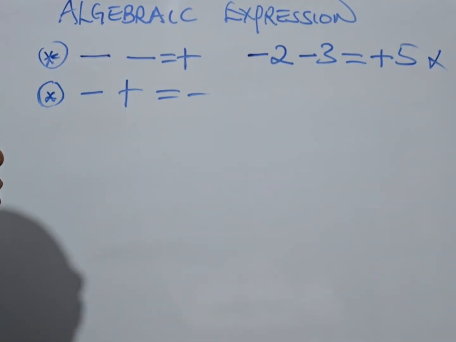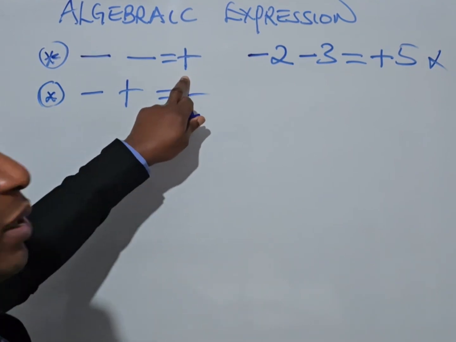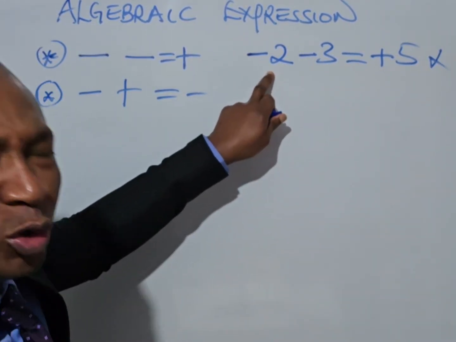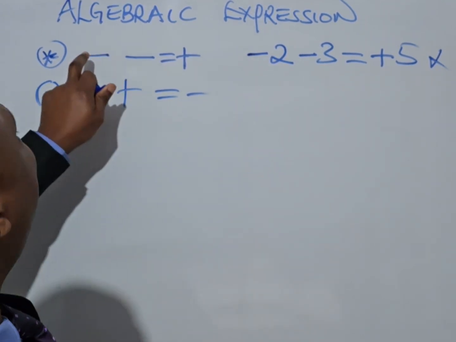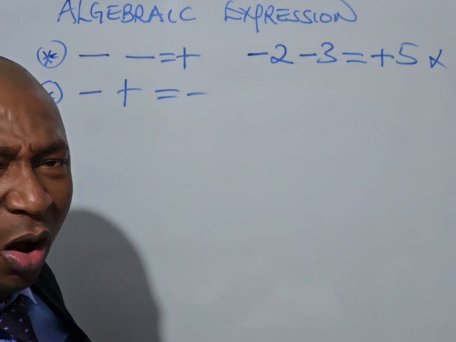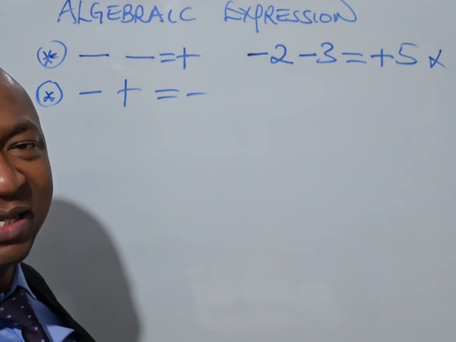What minus minus indicates is a direction of what you are expected to do. When you have minus minus, it is telling you to add the two numbers together. That is all. It is not just to indicate a plus in front of whatever you have added or subtracted.